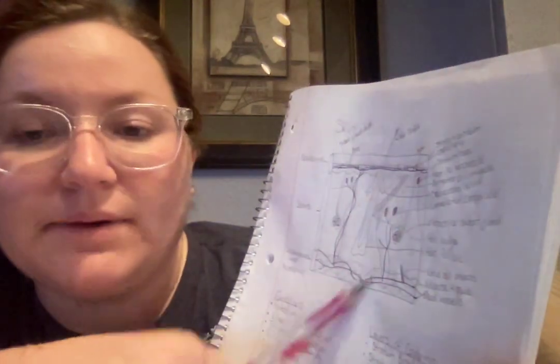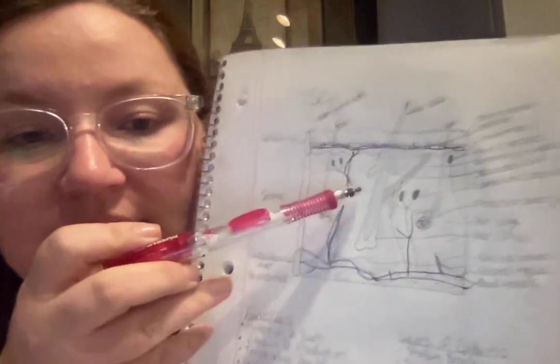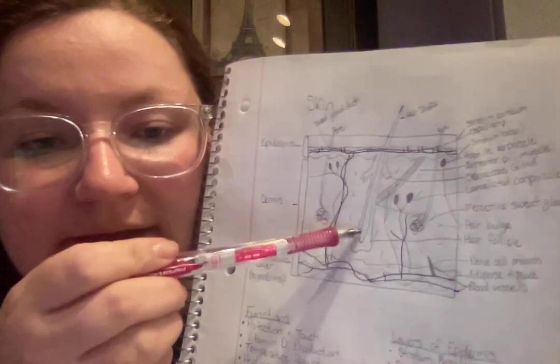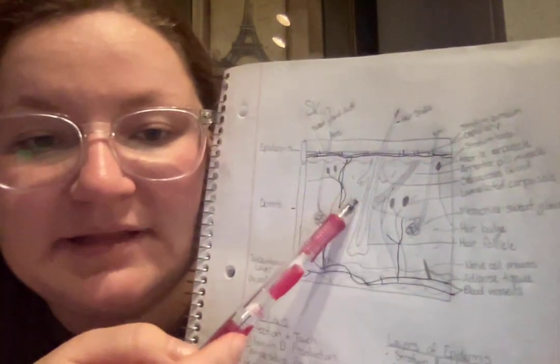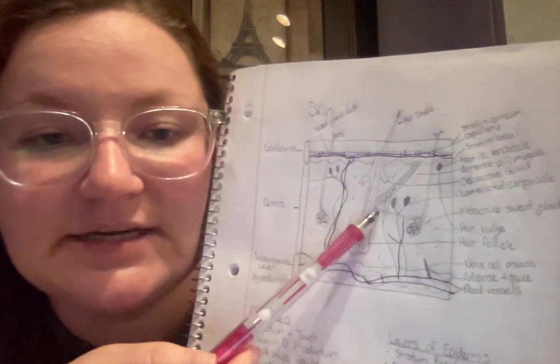So that's where you release that sweat. Here we have the whole hair structure going on. With that, we can see the hair follicle, the hair shaft, and where we see that erector pili muscle, which is responsible for goosebumps and having our hair stand up straight.